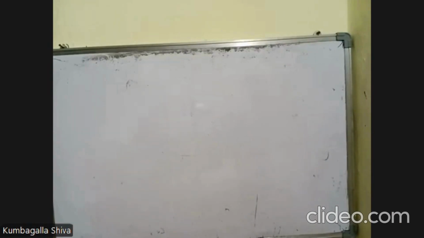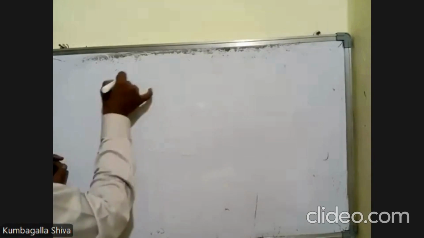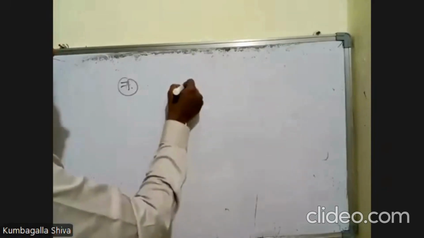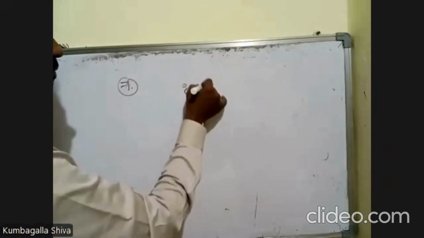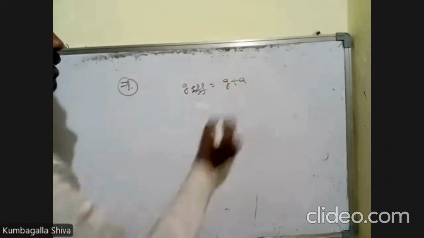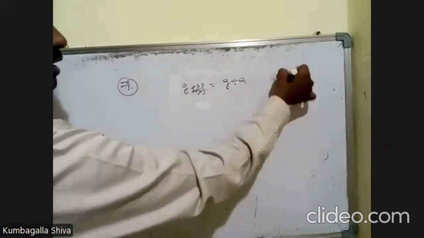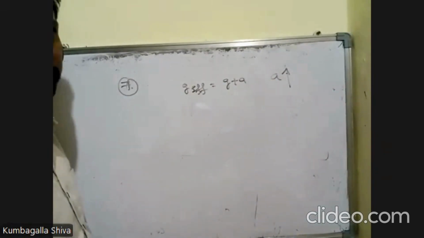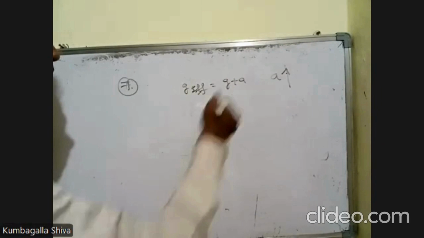Now the seventh question: a barometer kept in an elevator accelerating upwards. Accelerating upwards means G effective is G plus A. Clear? What is the buoyancy force?